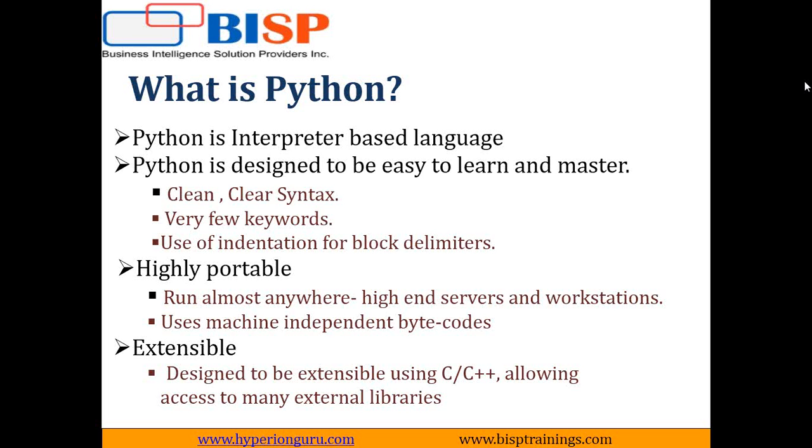Python offers dynamic data types, ready-made classes and interfaces to many system calls and libraries, and it can be extended using C++ and Java as well. I forgot to mention Java here, but it can be extended. It is extensible, so we can incorporate C++, Java or C libraries into Python.